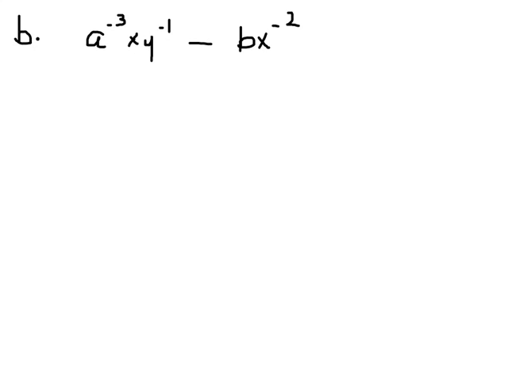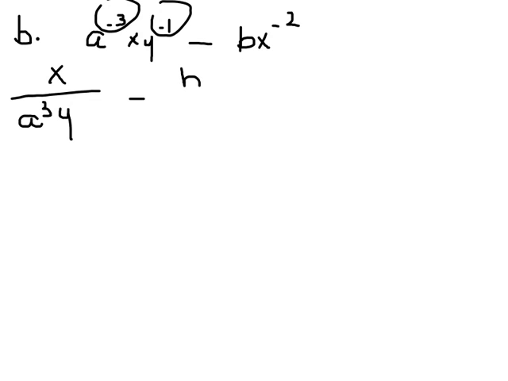Okay, let's do this one. How can we make this and this positive? We're going to leave the x on top, and we're going to put a cubed y on the bottom, minus b over x squared. I like to do mine vertically. You know that.